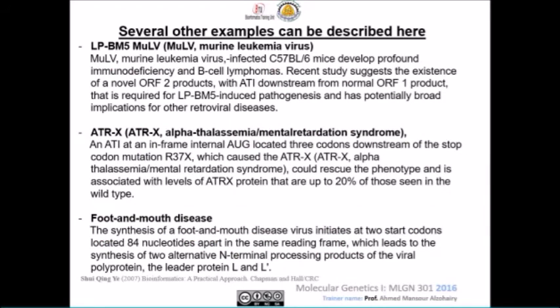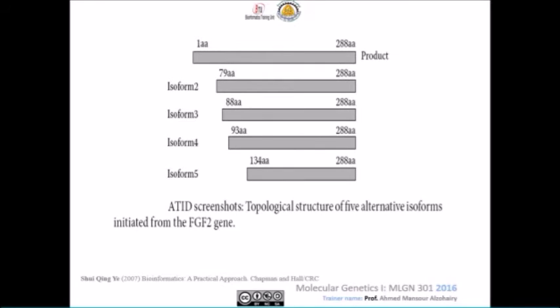Several other examples can be described, like LBPM5, immunovirus, murine leukemia virus, ATRX alpha thalassemia syndrome, and foot and mouth disease. All these are examples of this ATI topic. And of course, because there are many other examples, we actually have a database for that.